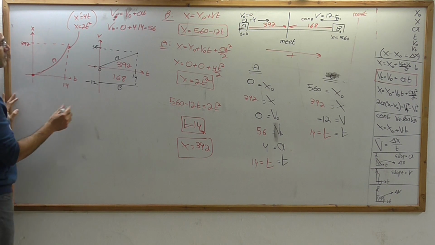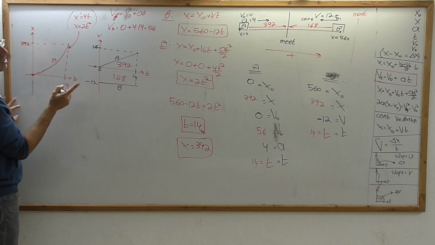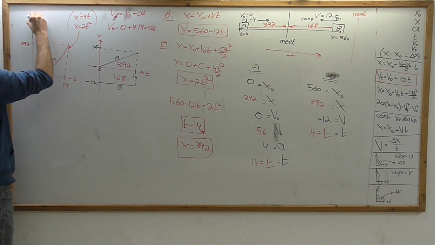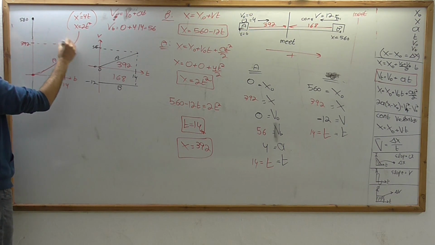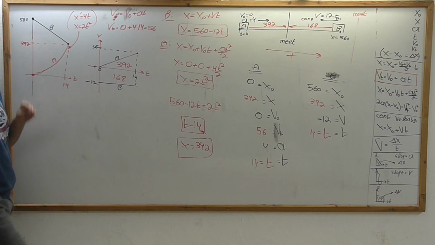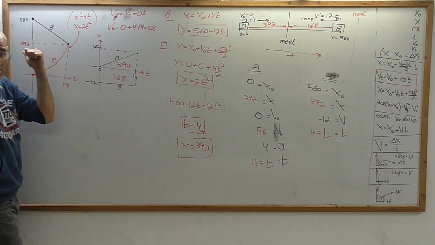Okay, the other graph is x for B. It started at 560 and finished here, but it's a straight line. Why a straight line? Because the velocity is constant, so the slope is constant, and it's negative because it's against our positive direction.